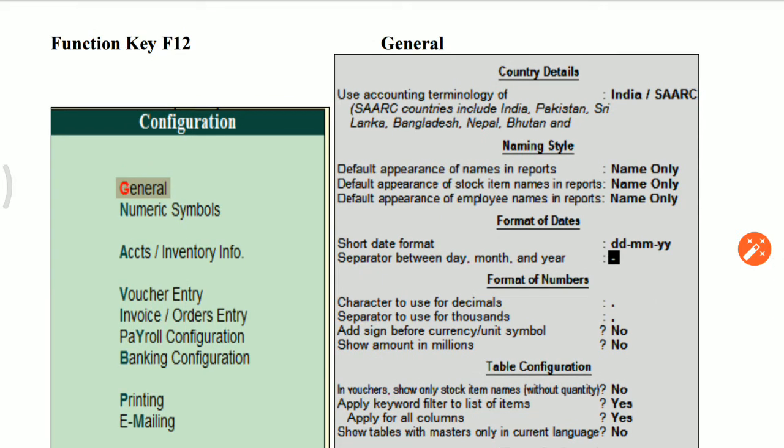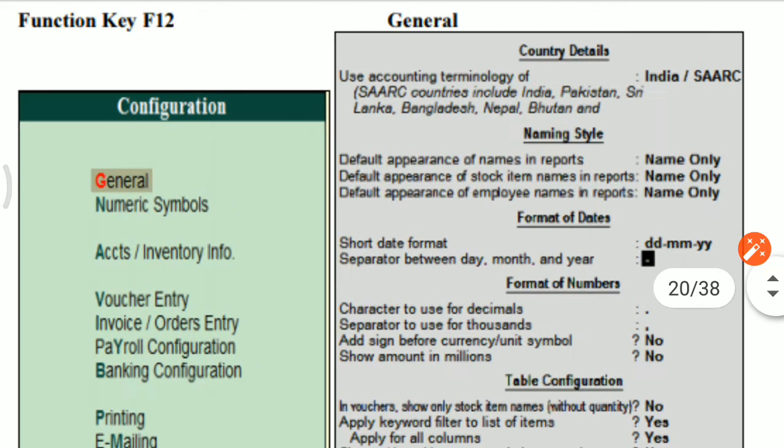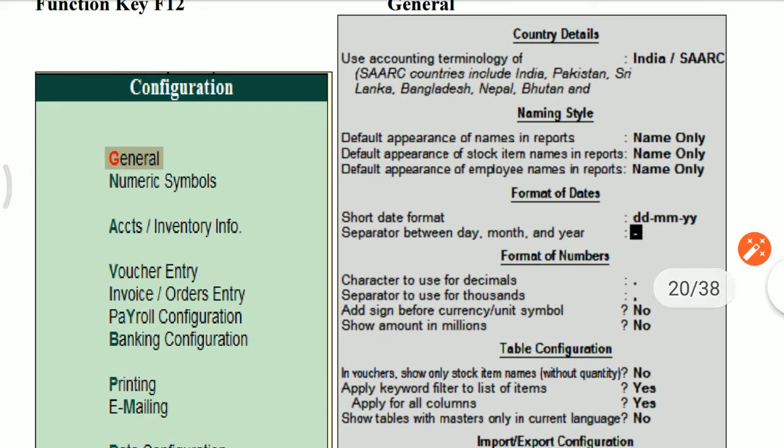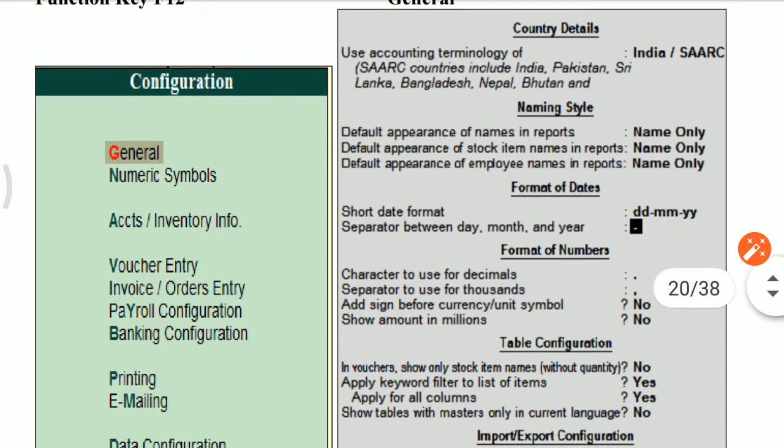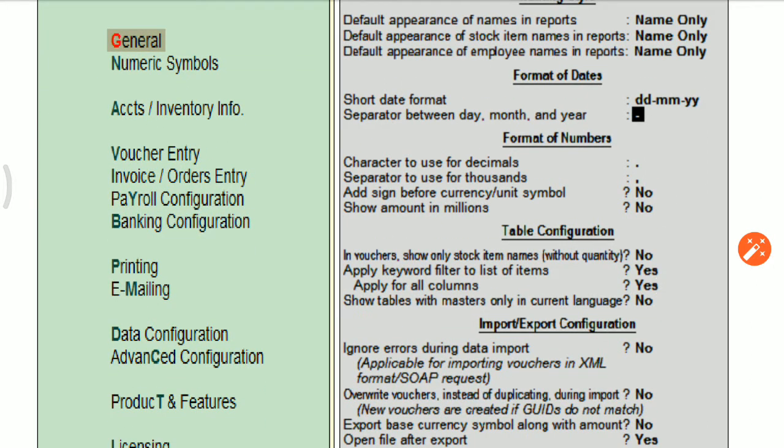First one is general. In general scheme, Tally software is prepared not only for India but it's prepared globally. So top options for SAARC countries. Then default appearance of name in report, set date, format of numbers. Friends, I want to just inform you that Tally has given so many options, and they have also informed users that they have done this much setup.